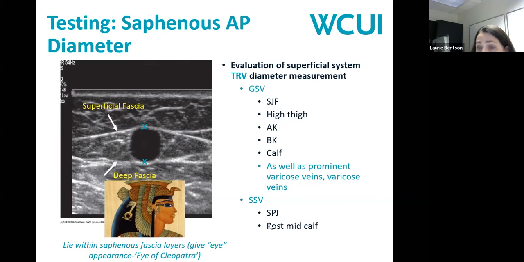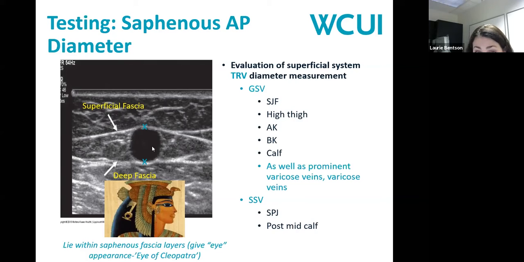With our small saphenous vein, we are just checking in two locations, the posterior mid-calf and then at the junction. We also want to consider the diameter for those large accessory veins and tributaries into the saphenous, because those can cause problems for the patients as well. We need to make sure that we're definitely measuring the saphenous and not a tributary of the saphenous.